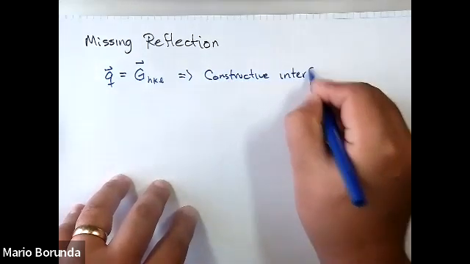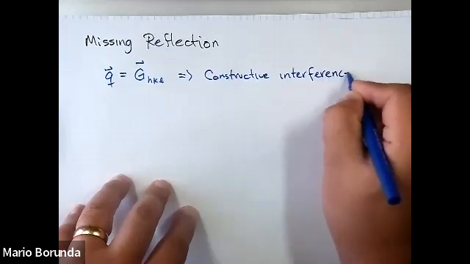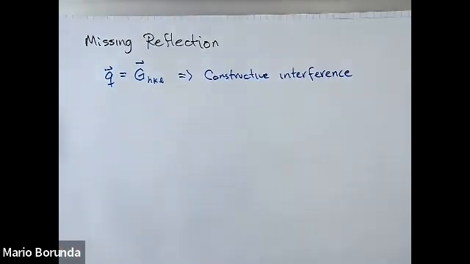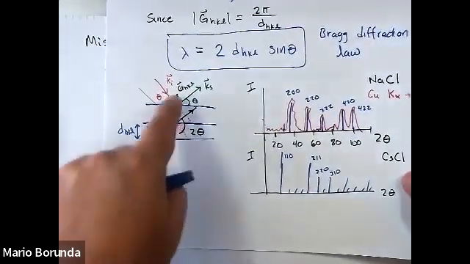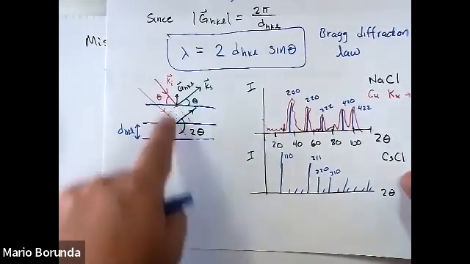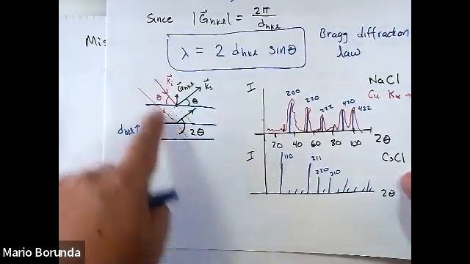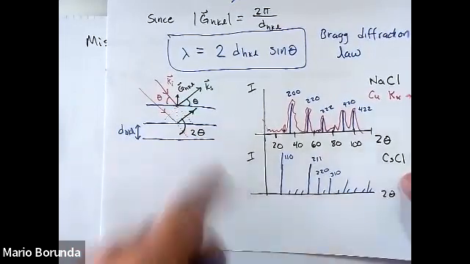We know that these planes interfere with each other. That same plane interferes with itself. All of these planes are going to interfere with themselves, and they have the right distance. And basically, all of these, because they're at the right distance between them, are all interfering at this particular angle constructively.